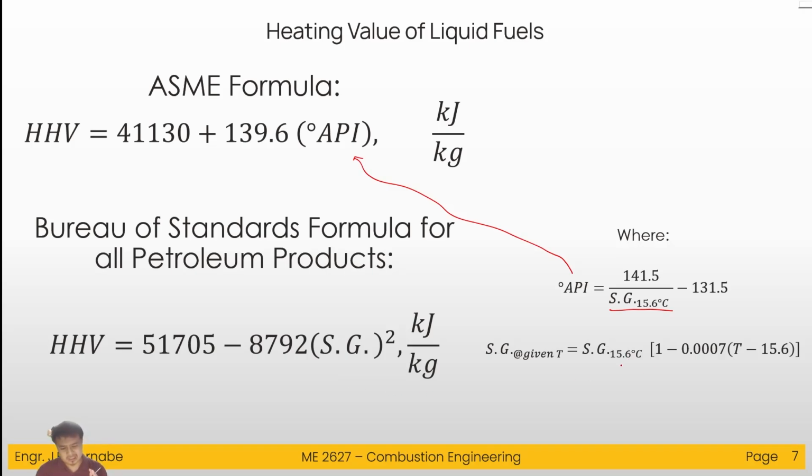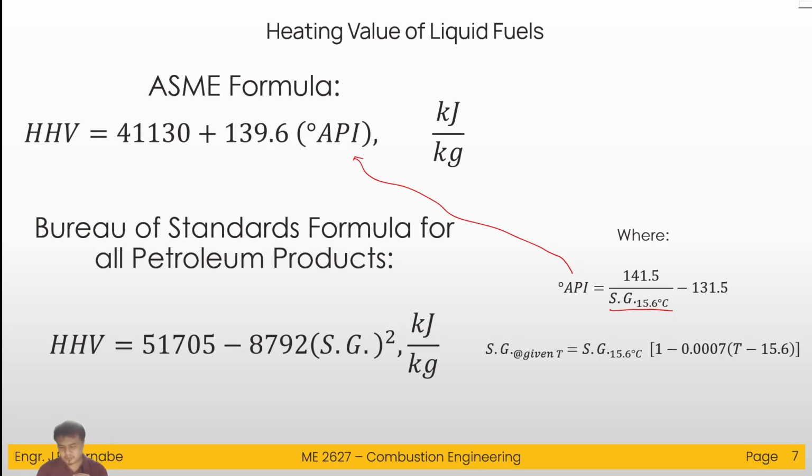So just to add to this, sometimes the specific gravity can change, right? It is dependent upon temperature. You may realize that with heavy oil, if it has more fuel, it gets a little dense.